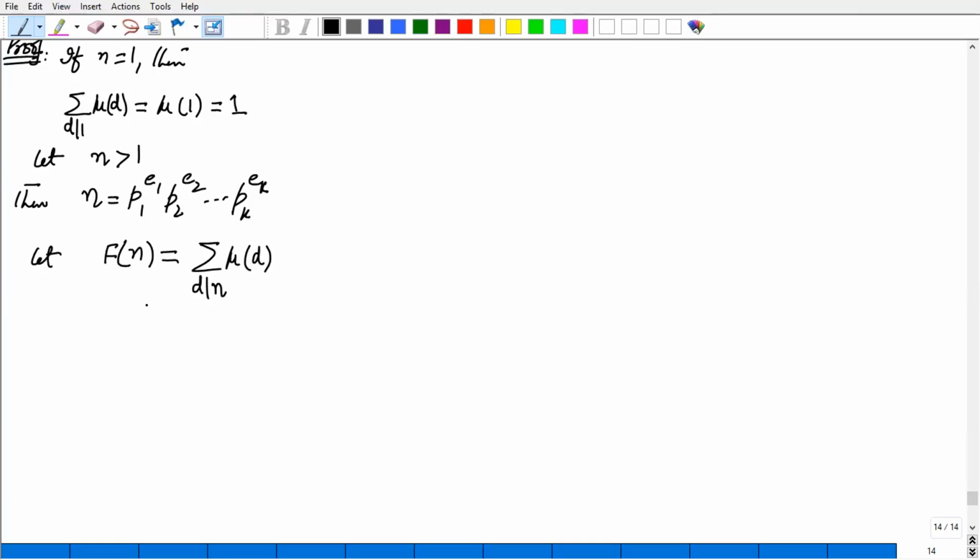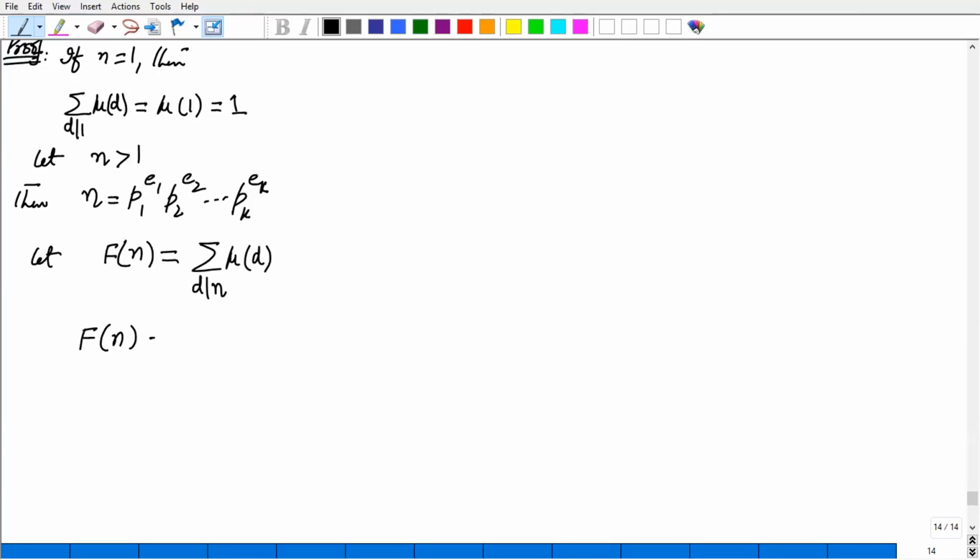Then by using the result that we discussed previously, because mu d is multiplicative, capital F is also multiplicative.